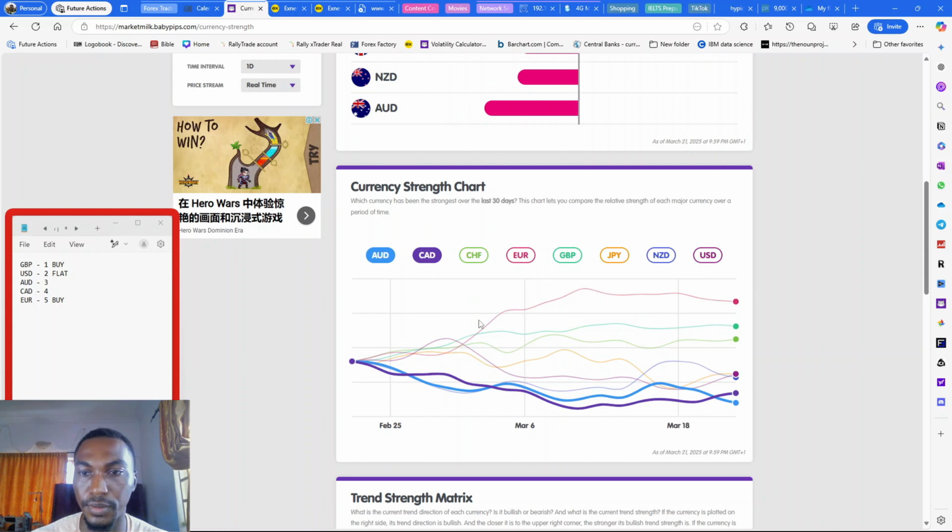So though they are both sells, in terms of strength, we have the British pound as number 1, the euro number 2, the US dollar number 3, and the Canadian dollar and Australian dollar 4 and 5.